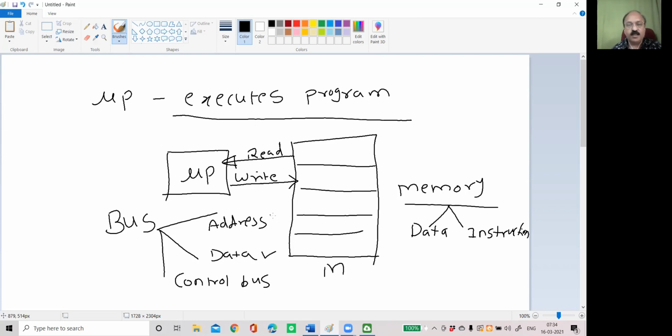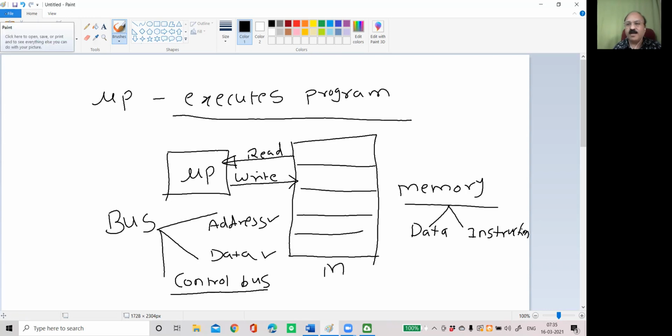The set of wires which is used to transfer address is address bus. And we must indicate what the microprocessor wants to do, whether it is read or write function. So that will be decided by control bus. With control bus, it is given whether read operation should be performed or write operation should be performed.